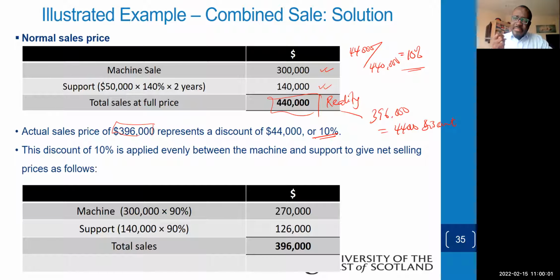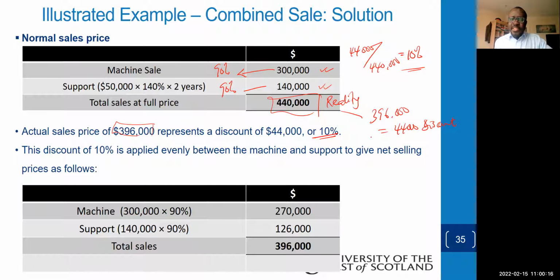Now let's apply the 10%. It means that this machine cost of 300 should be adjusted to 90%. And this one also should be adjusted to 90%.